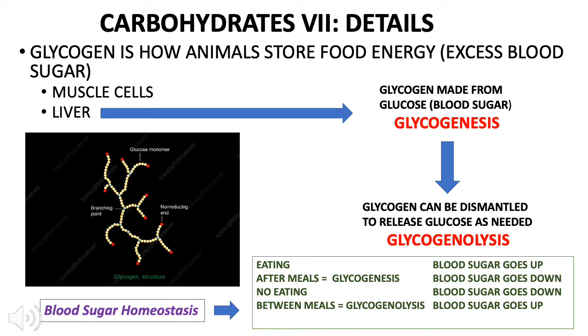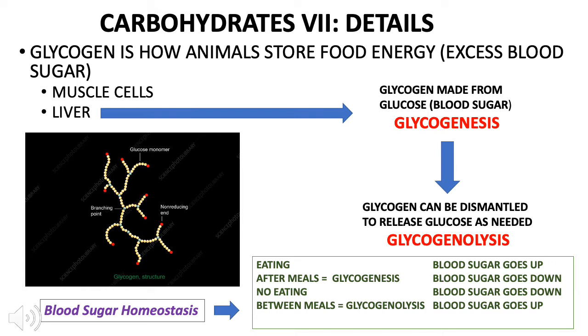Now, on the other hand, in our liver, we store glycogen, and that glycogen is ultimately made from excess blood sugar. So when you eat, your blood sugar levels go up. You are going to release a hormone called insulin, which is going to give a message to your liver, among other places, to basically make glycogen. So the liver is going to undergo a process called glycogenesis.